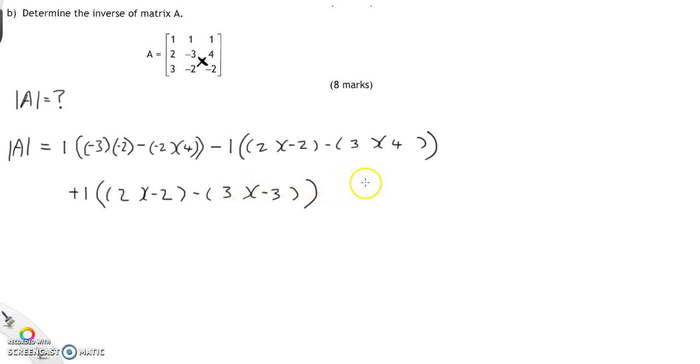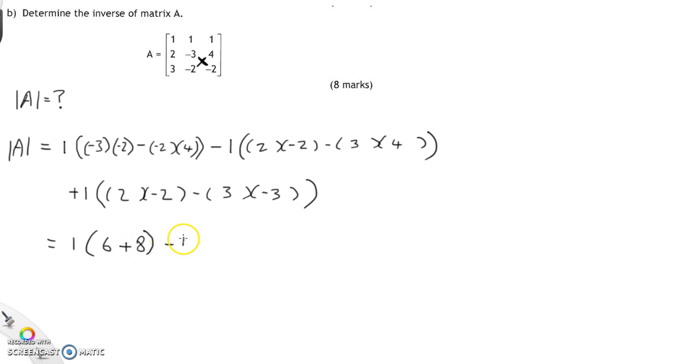So that tidies up a little bit then to 1 times minus 3 times minus 2 is going to be plus 6 minus, now minus 2 times 4 is going to be minus 8, and the minus 8 actually gives us the plus 8. Tricky.